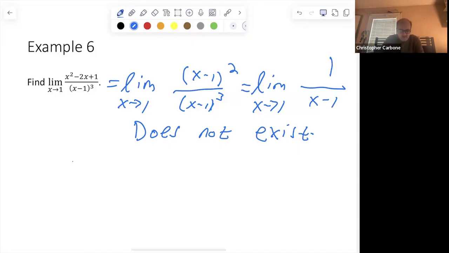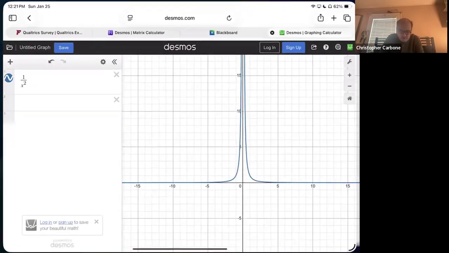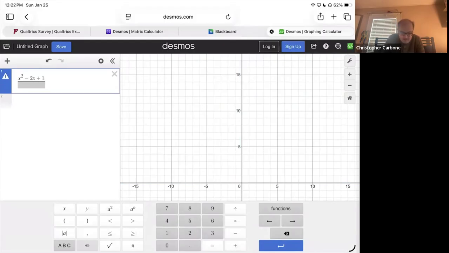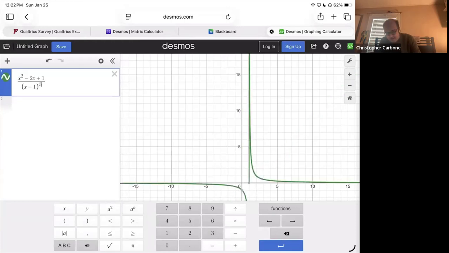That's algebraically. We can also see it graphically if we pop this into a graph, which let me do very quickly. I'll just pop in the original without simplifying it first, just so we can see that this is indeed the case. Okay, good.